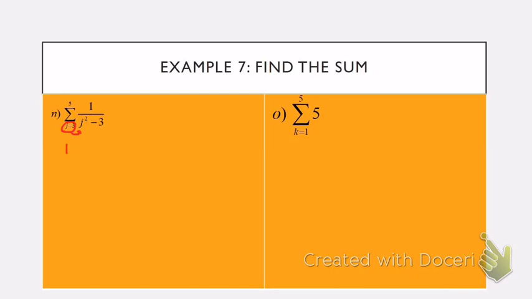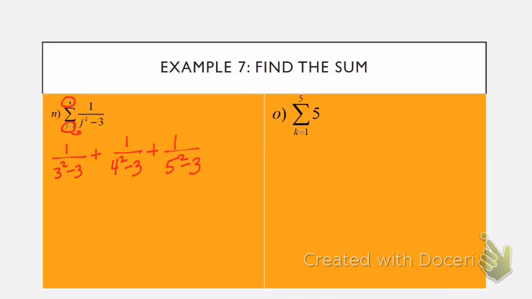So 1 over 3 squared minus 3 is the first term. Since the upper limit's 5, that means that we have to plug in the numbers 3, 4, and 5. So the upper limit tells you what number to stop at. But instead of putting a comma, we're going to put a plus sign. So we're going to plug in 4, then we're going to plug in 5.